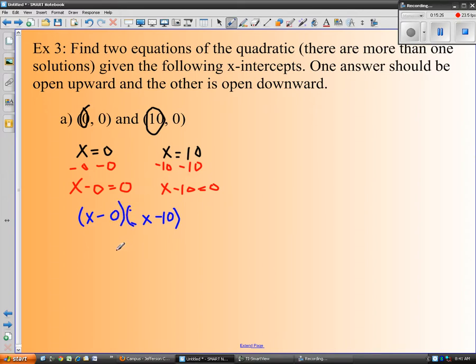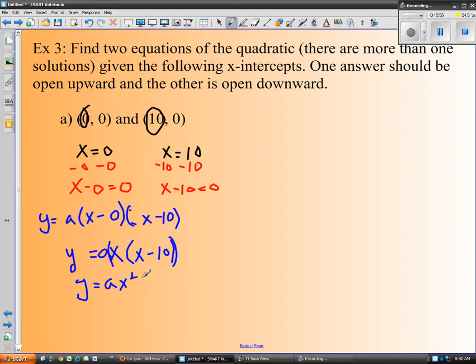Now you have to understand that there should be y equals a. There's going to be some multiplier that's going to either make it steeper, narrow, compress it, whatever. This is the way we always start. So there's an a being multiplied by the x minus 0, so I'm just going to put an a here. And so y will equal a times x squared, and I'm just going to multiply these together and then minus 10x and leave the a as part of the problem.